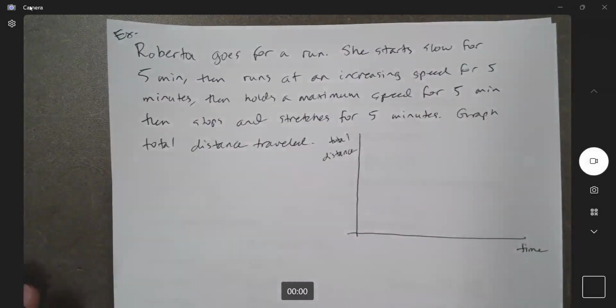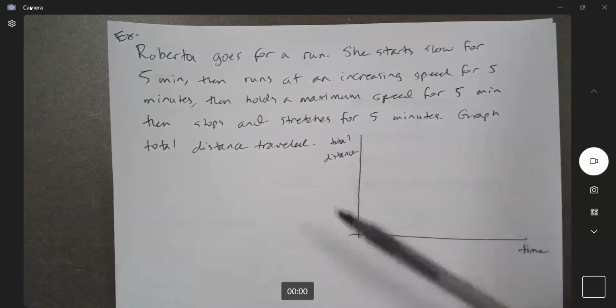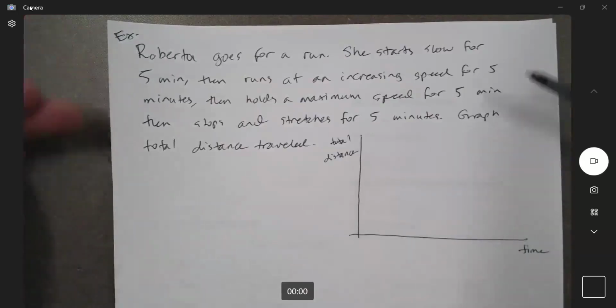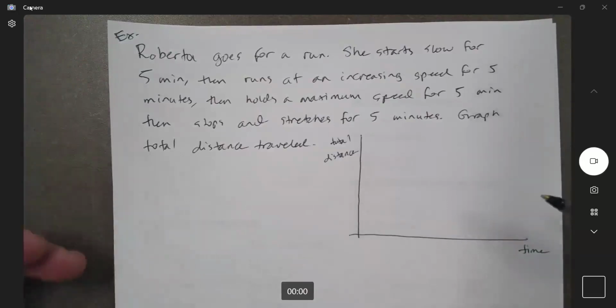Notice I'm not putting many numbers on here at the moment, because again, we're just trying to get the idea of how a graph can represent a verbal description. However, there's a lot of stuff going on here, and I'm not really sure how to do each segment.